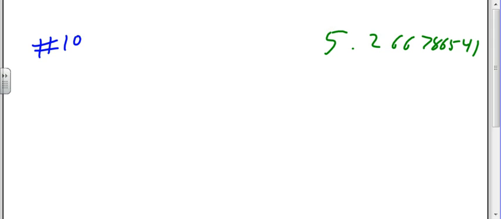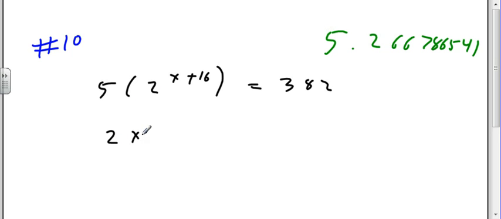All right, so I'm not using my calculator this time. 5 times 2 to the x plus 16 is equal to 382. So 2 to the x plus 16 is equal to 382 divided by 5, which is 76.4.